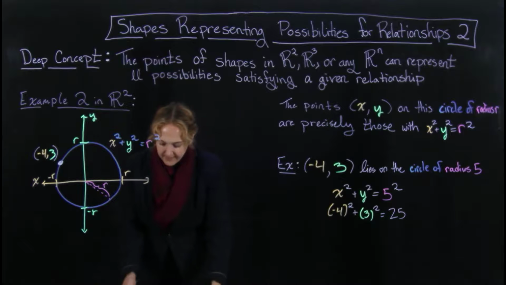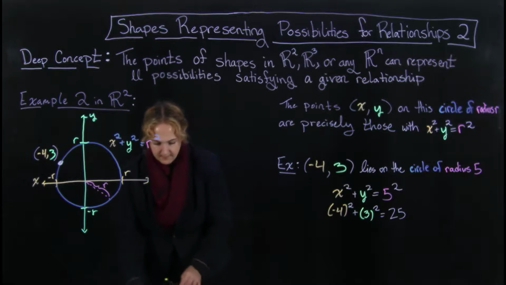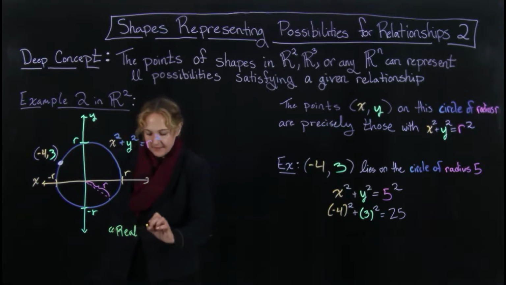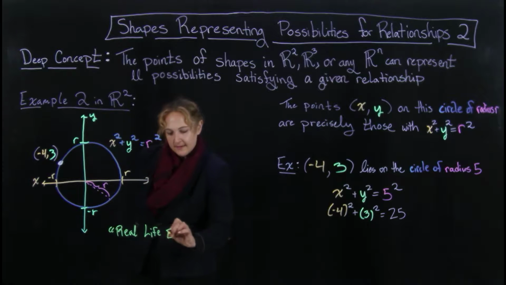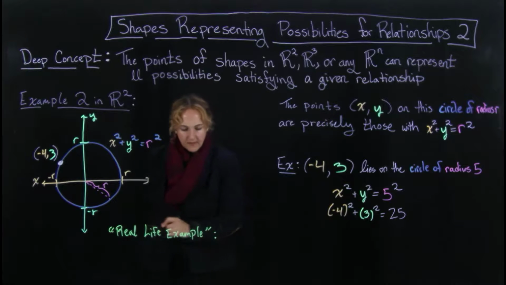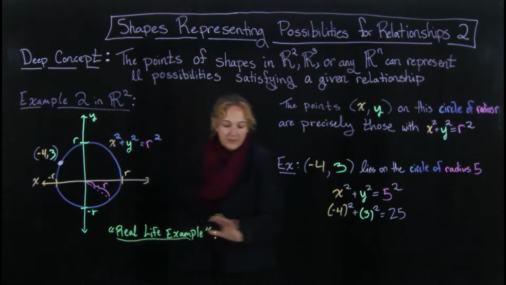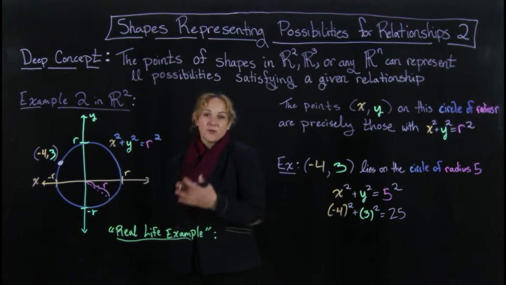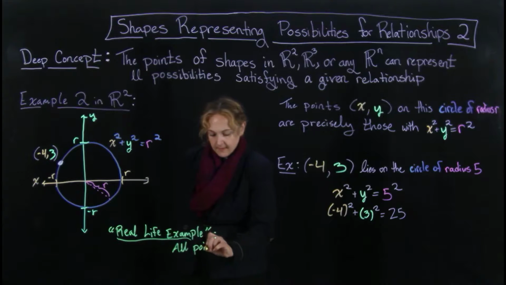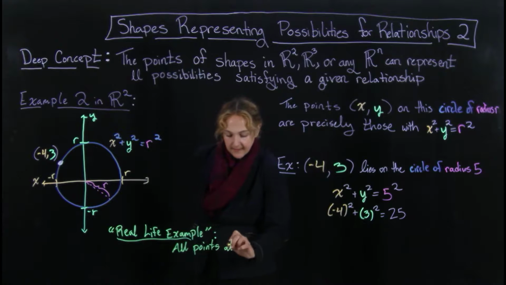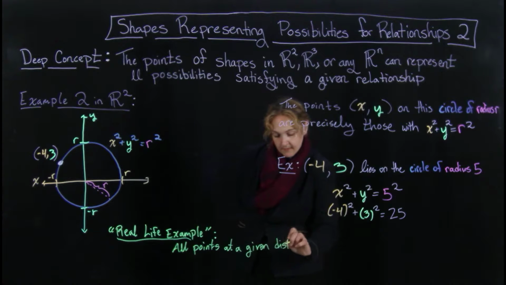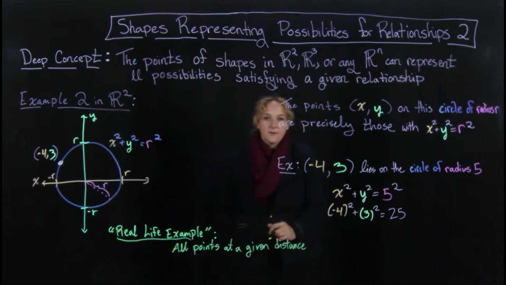And for our real life example, there are actually lots that satisfy this, but let's just look at this as our real life example, which is that you could be looking at all points at a given distance from a starting location.